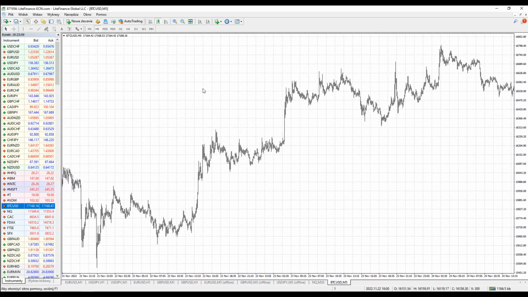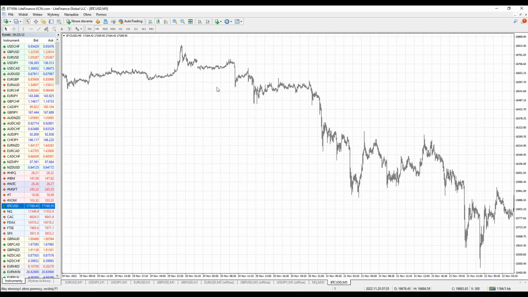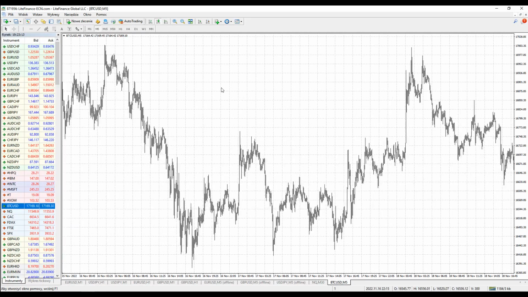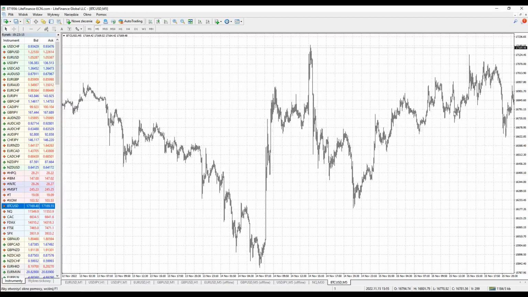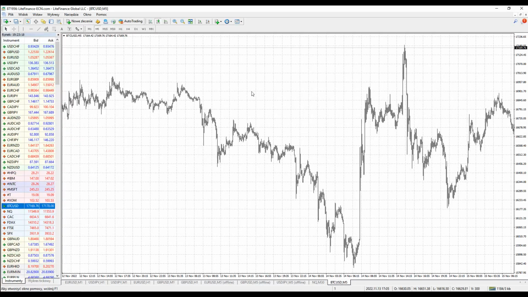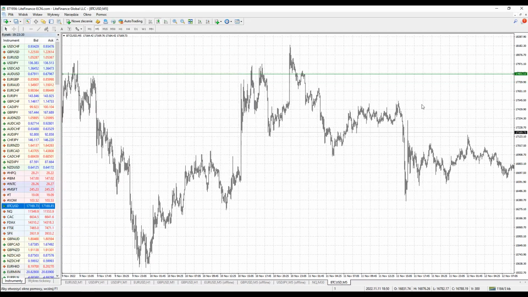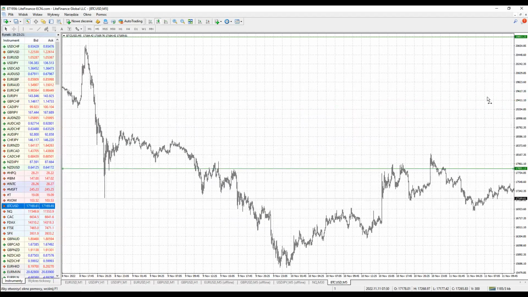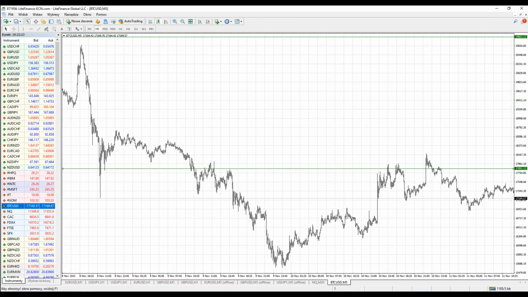Okay, we have here, here, and here. Well, that's the thing. I would like to see the price action based on the higher time frame. Then it's my decision time.